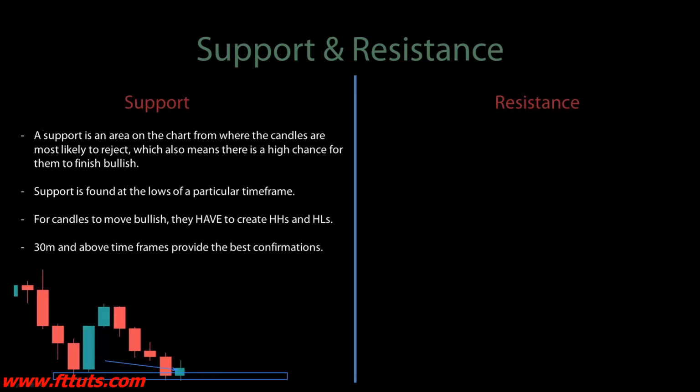So if this is a 30-minute time frame, or if this is a 1-hour time frame, there's a very high chance that the next candle is going to continue moving bullish, right? Just like the candle did right over here. So the next candle moves bullish. It makes a higher high, which is right over here, and it makes a higher low right over here, right?